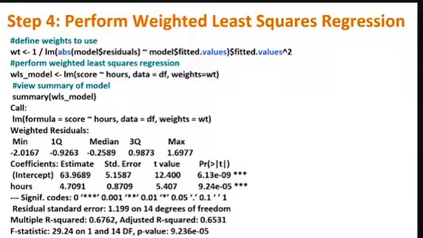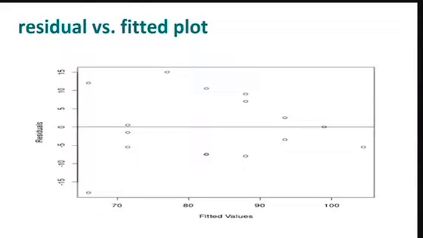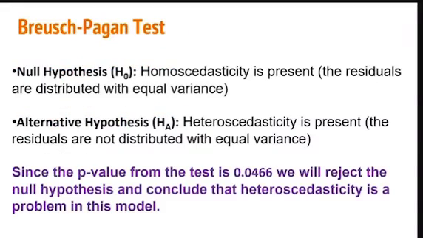Don't forget, if you want to investigate constant variance using the residual plot, you plot residuals against the fitted values. You don't want to see a pattern, and at any value of the fitted value, the residual spread should be the same. That's why we're using that code.